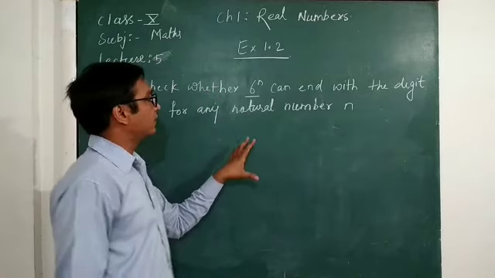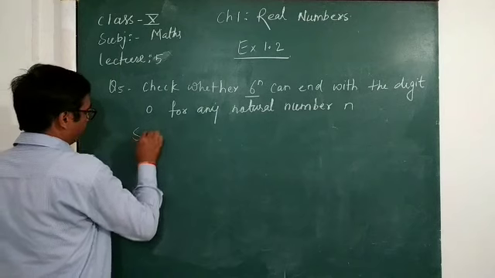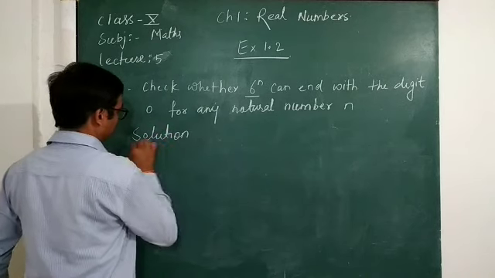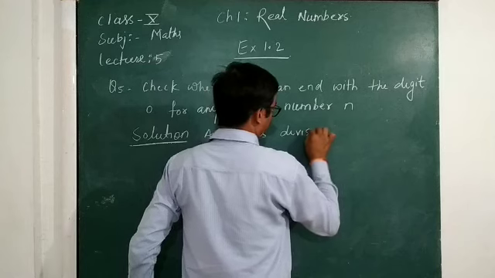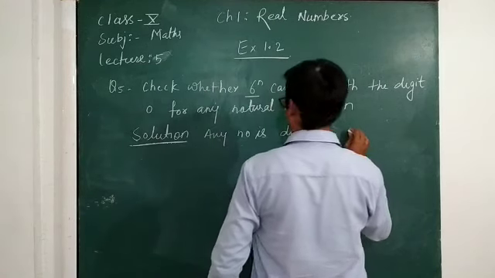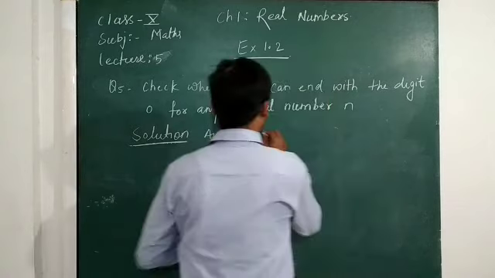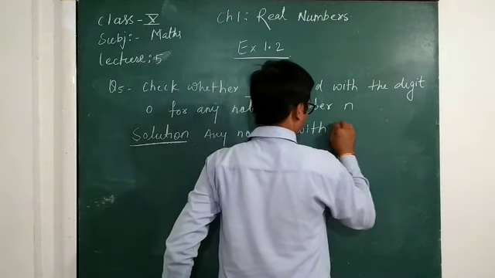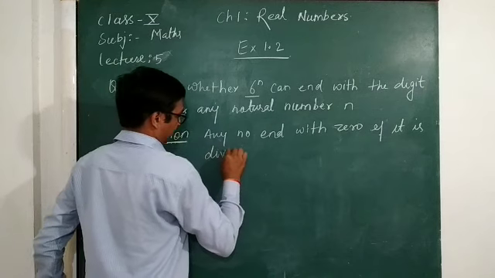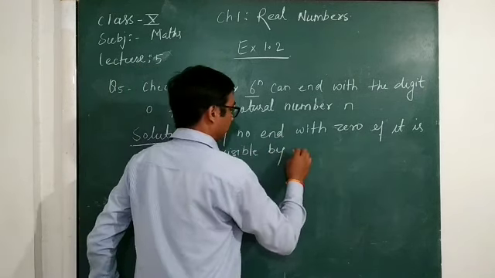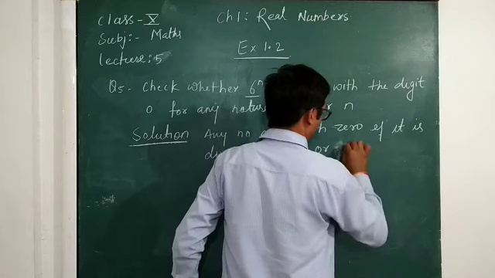Now you know that a number can end with 0 only if it is divisible by 10, or by 2 and 5. So solution: any number ends with 0 if it is divisible by 10, or by 2 and 5.